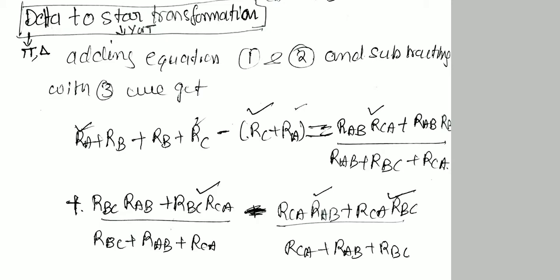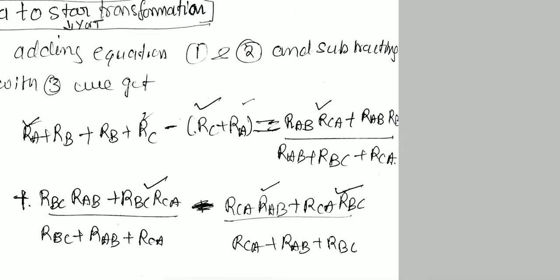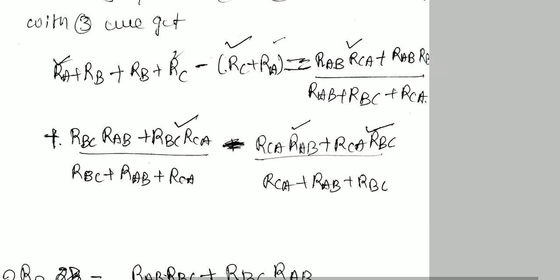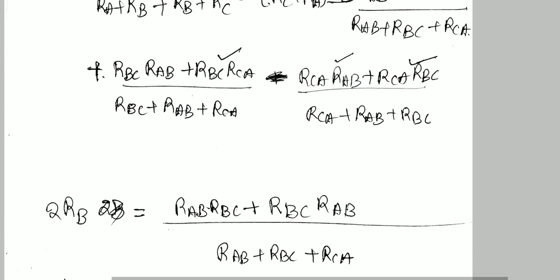Here you can observe that on the left hand side the RA and RC terms get cancelled. On the right hand side the RAB RCA and RBC RCA terms get cancelled. After rearranging it looks like this.